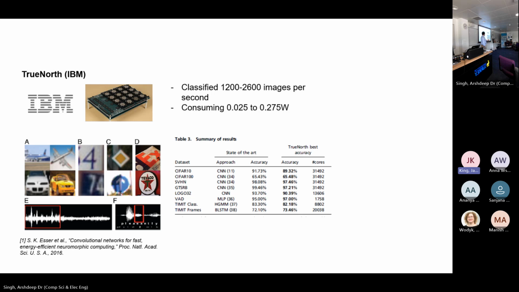And this is quite an important point, because what they found was, in general, we had worse accuracy. There's a little bit of a reduction. But that's okay, because they were able to compute on a power consumption of 25 milliwatts to 275 milliwatts. That's a pretty good power consumption for a model on hardware that hasn't really been optimized. And they were classifying at a rate of 1,200 to 2,600 per second, suggesting you could do video with that tool as well.